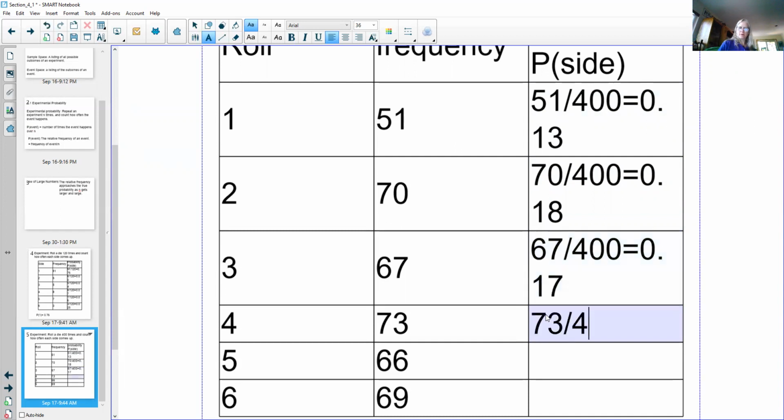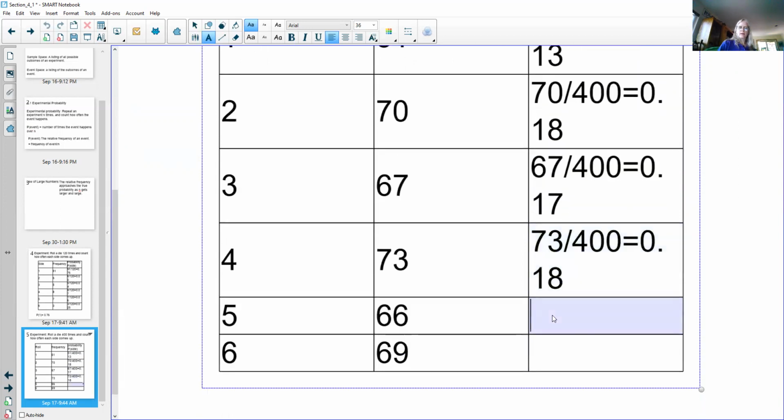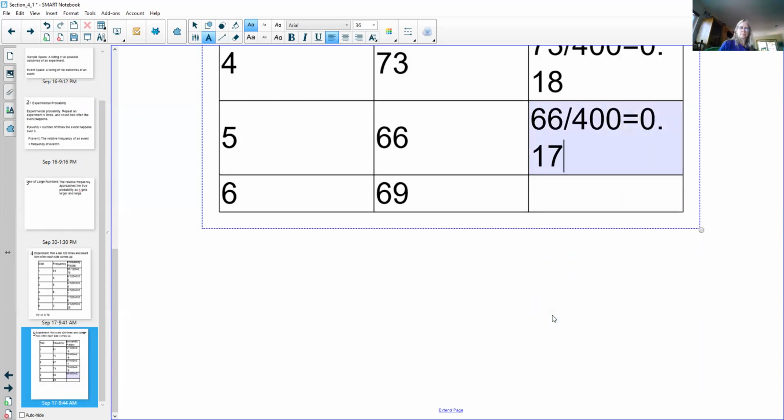Then 73 divided by 400, that's 0.18. 66 divided by 400, 0.17. And 69 divided by 400 is about 0.17 also.